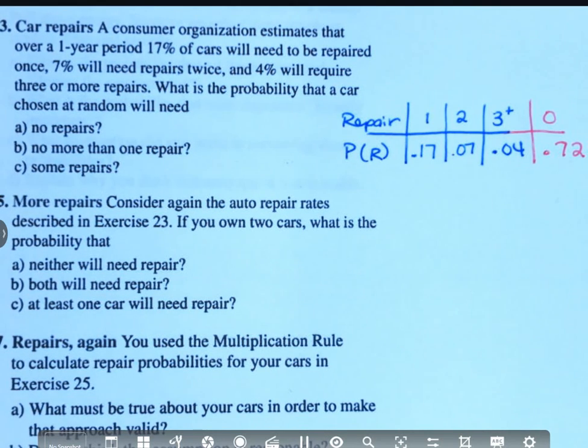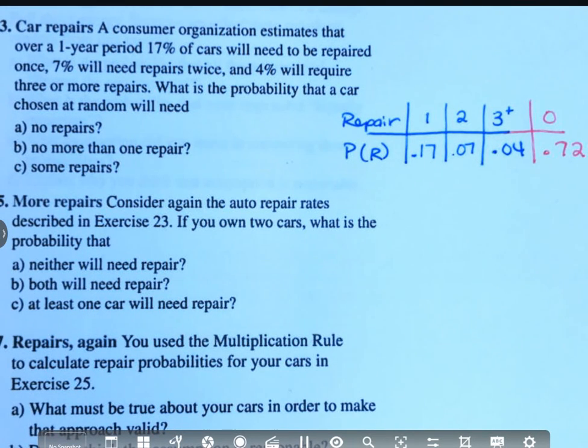That's what I wanted you to think about here. If I had to take my car in to be repaired, and they're talking about a 1 year period. So let's say in February I took my car in to be repaired. And then again, I took my car in to be repaired in October. Would you say your car needed to be repaired once, twice, 3 or more, or none? Twice. You're only going to claim one of those.